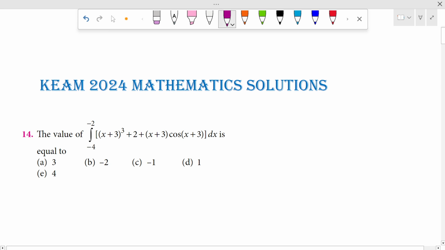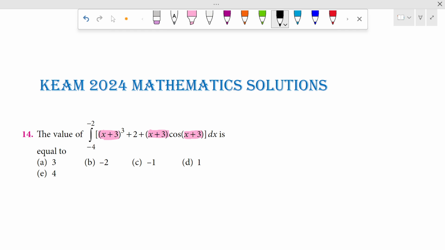Let's get started. So here the first question is the value of this integration from minus 4 to minus 2 of x plus 3 whole cube plus 2 plus x plus 3 cos of x plus 3 dx. Over here you can see that this x plus 3 is used again and again.